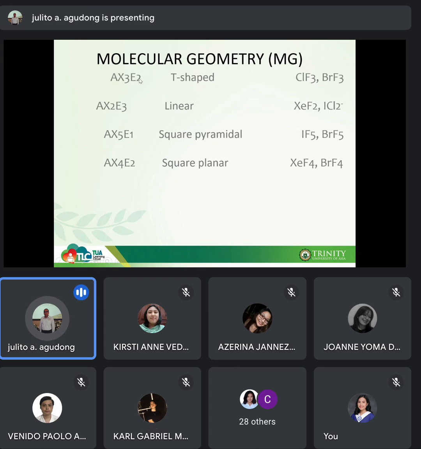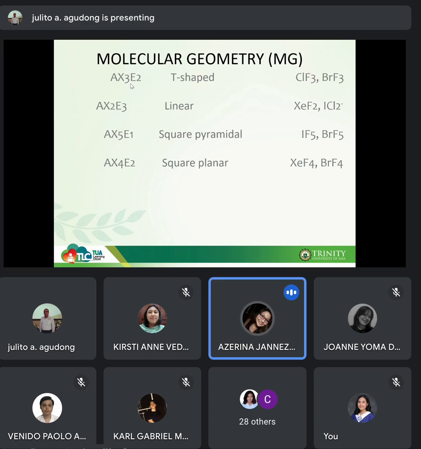AX3E2: how many electron domains do I have in a molecule that has this molecular shape designation? 5 po.